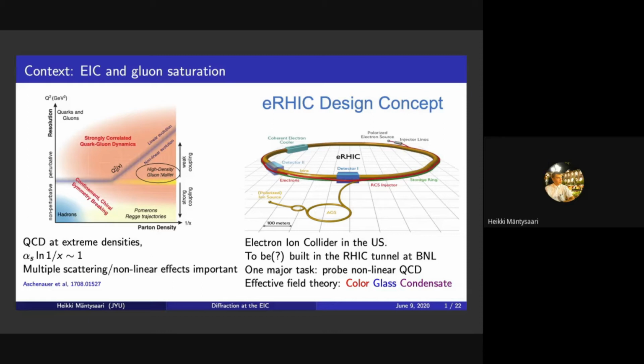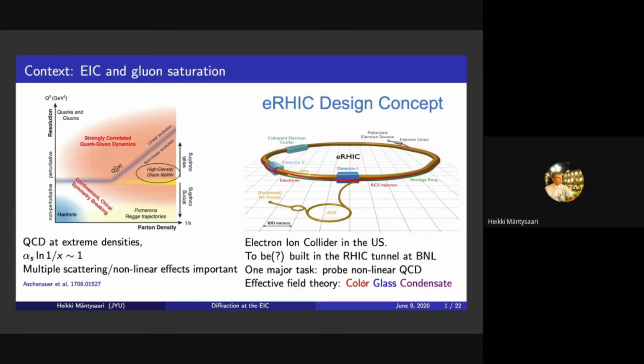And again, going from this experimental column to the column on the left, to describe QCD in this corner of phase space that is probed at the EIC, for example, we need effective field theories that describe QCD in the region where multiple scattering is important, and these large logs of 1/x can be conveniently resummed to all orders.